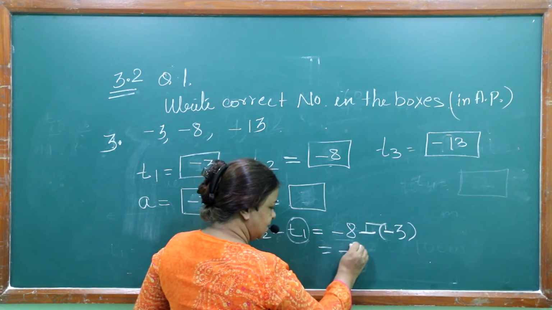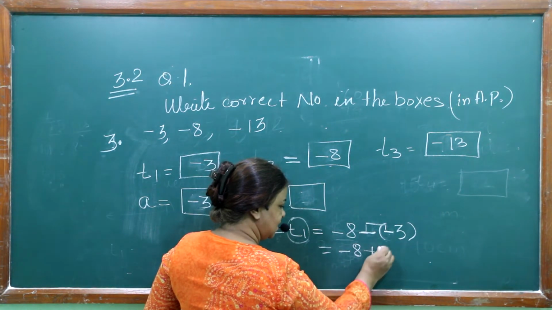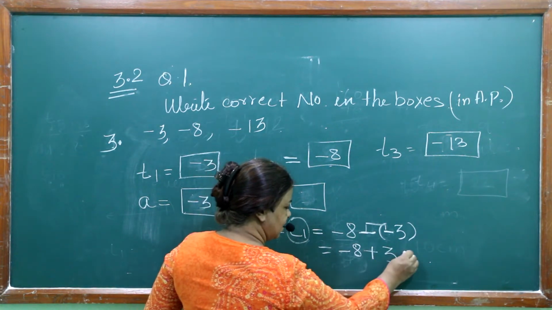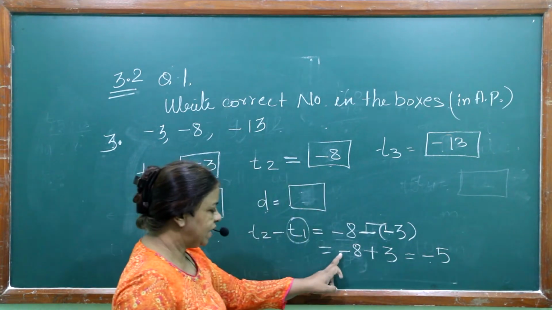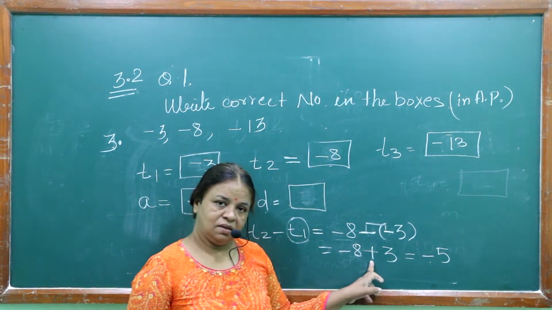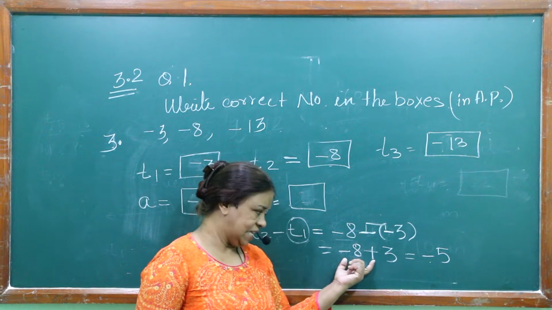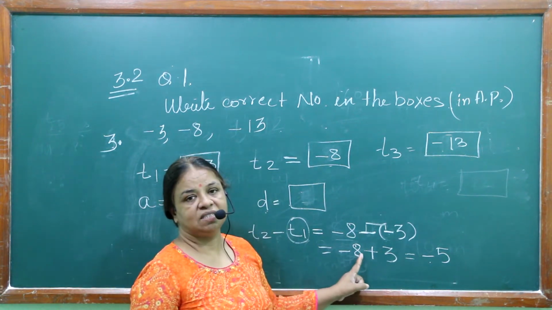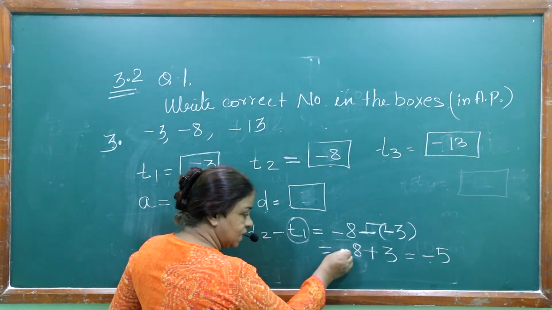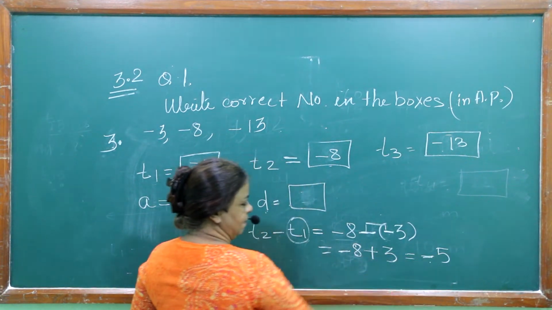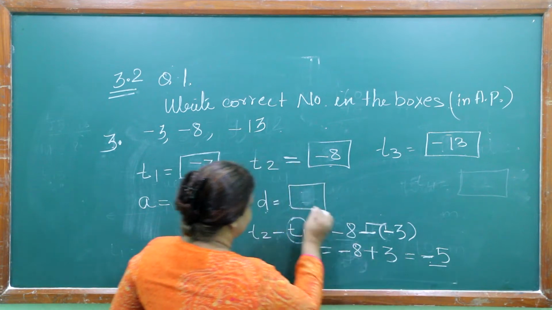See, minus 8 minus minus 3 is minus 8 plus 3, which is minus 5. Now why minus 5? One is minus, one is plus. So there will be subtraction, but with the sign of the bigger number. The bigger number is 8 and the sign of the bigger number is minus, and therefore we used minus here. So the difference is minus 5.